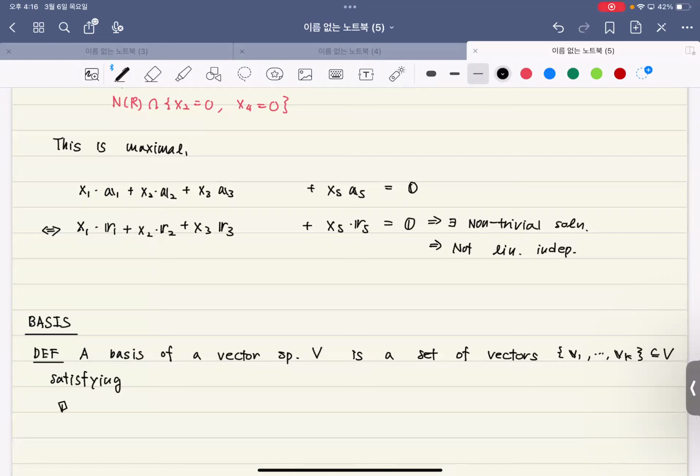The first condition is that V1 to Vk must be linearly independent. And condition number 2 is that the span of these vectors is the original vector space V. So if these vectors satisfy these conditions, then we say this is a basis.